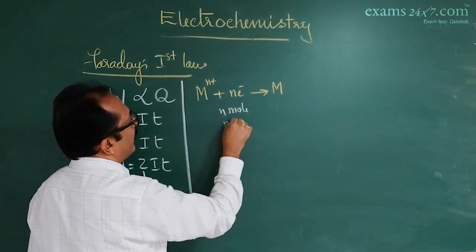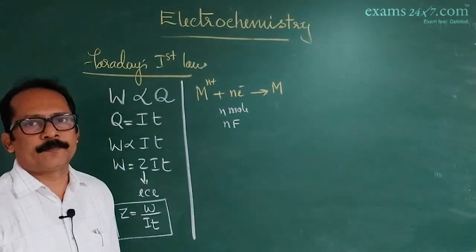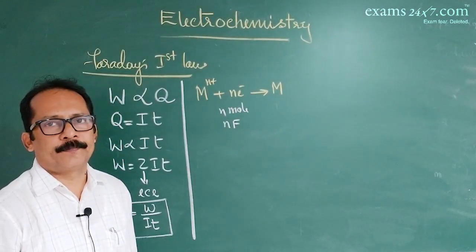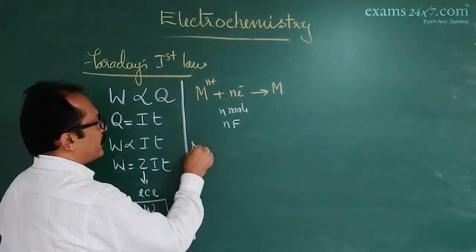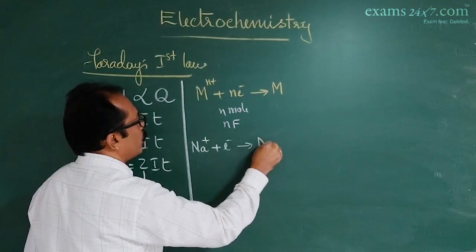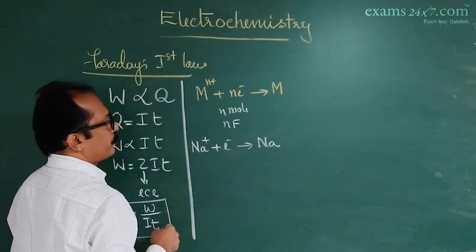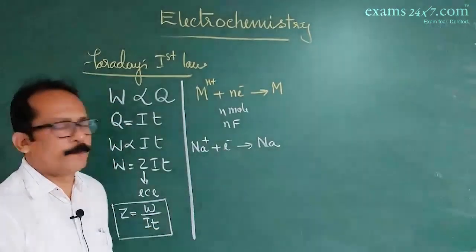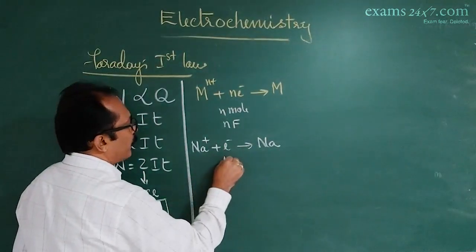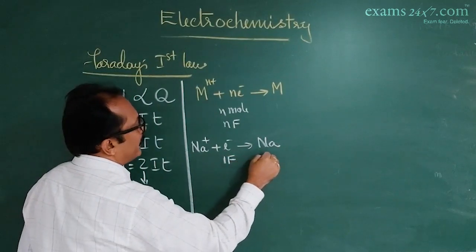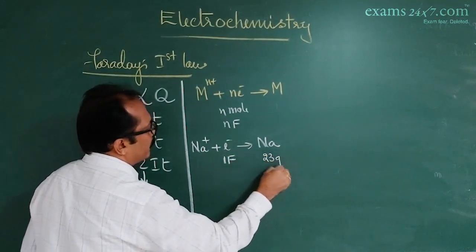That means n Faradays of current is required. If you take an example like the Na+ ion, it undergoes reduction to give sodium. Here 1 mole of electrons, that means 1 Faraday of current is required. 1 Faraday deposits 23 grams of sodium.